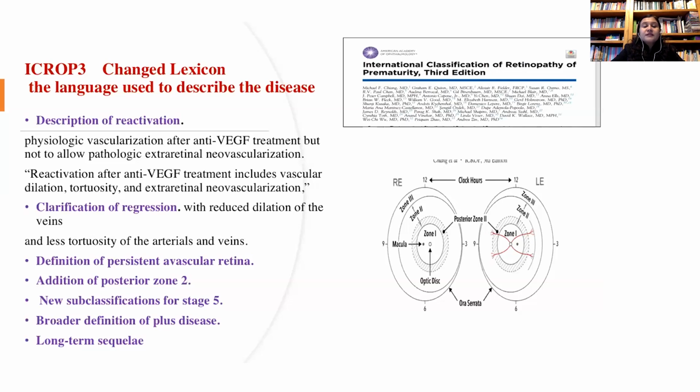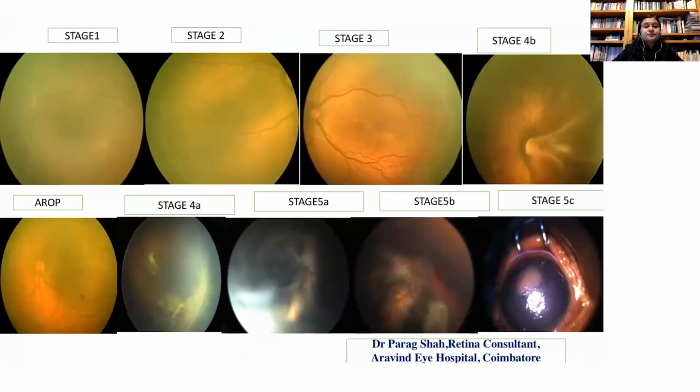There is a new subclassification for stage 5. Along with 5A and 5B, we have an additional 5C, which includes the anterior segment manifestation also, and a broader definition of plus disease and long-term sequelae like glaucoma, strabismus, retinal detachment and various refractive errors.